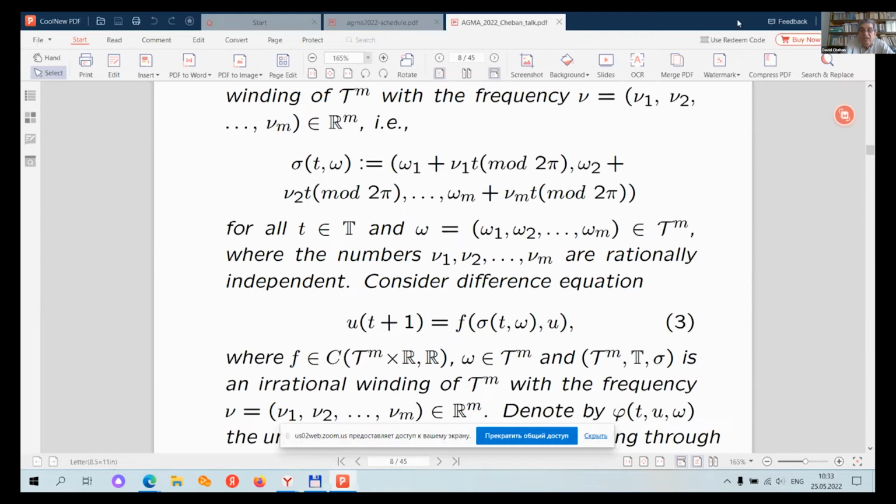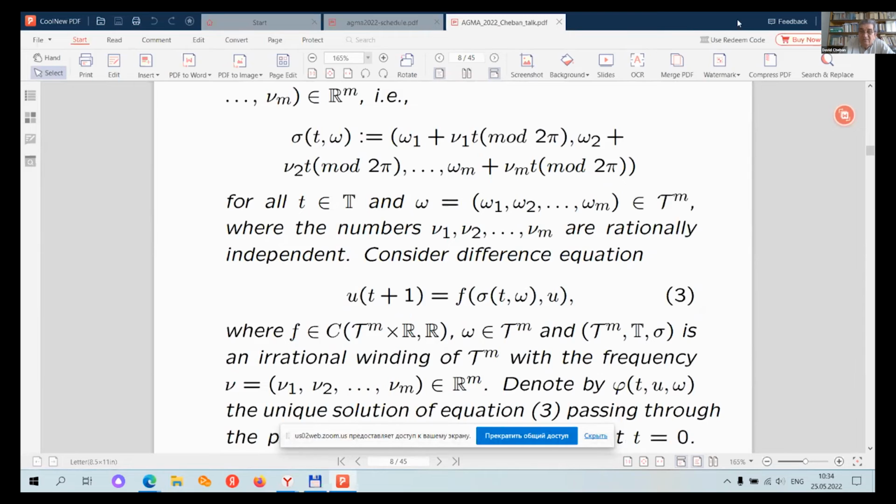In this case, we have a quasi-periodic, minimal dynamical system on the m-dimensional torus with spectrum of frequencies nu1, nu2, etc., nu-m, if these numbers are rationally independent.